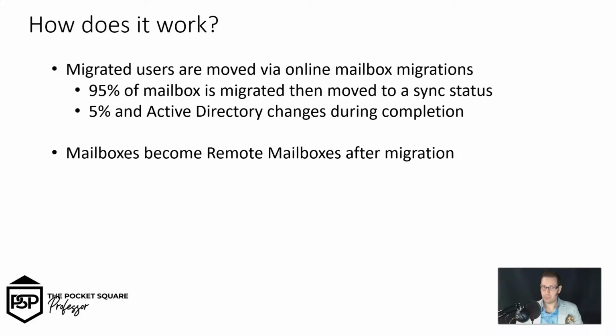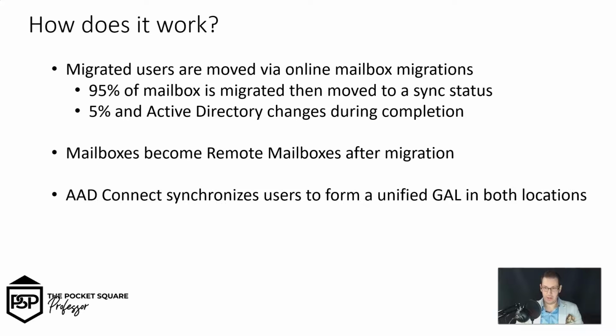After the mailbox has been moved, we talked about this already, but it becomes a remote mailbox after the migration. So mailboxes become remote mailboxes. As the name implies, remote means that it's in a different area. Then AD Connect synchronizes users to form a unified GAL. So as I said, the big piece of this is that we have a unified GAL because the AD Connect server is synchronizing all of the changes.